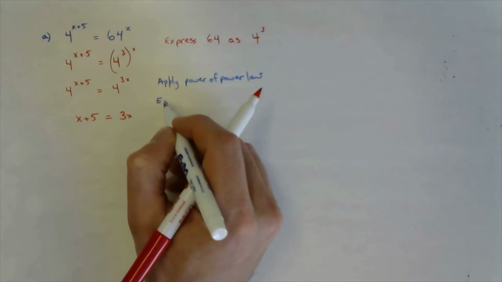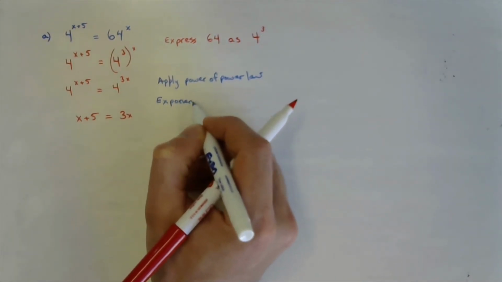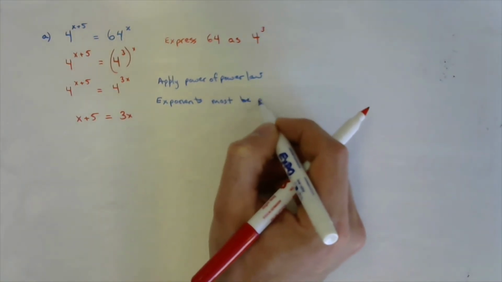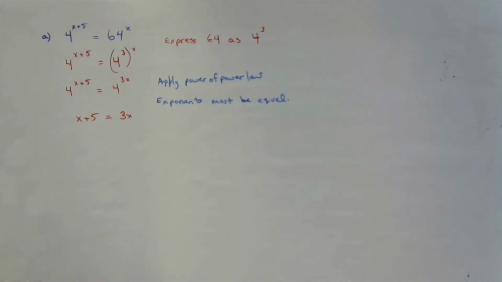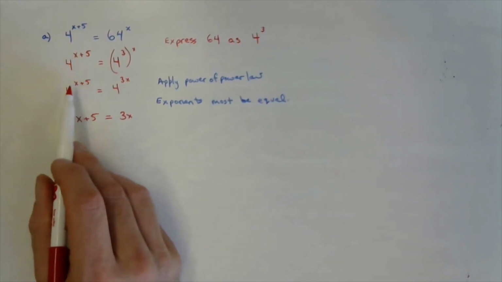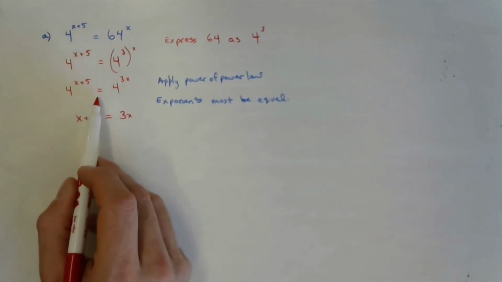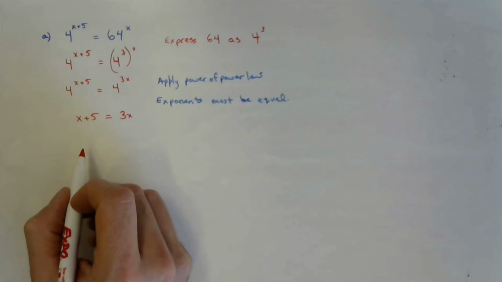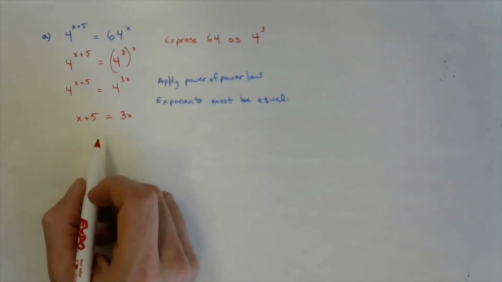Let's put a note there so that we remember: exponents must be equal. Another way to say that is equate the exponents. If they both have the same base and the expression on the left has the same value as the expression on the right, then the exponents must be equal.